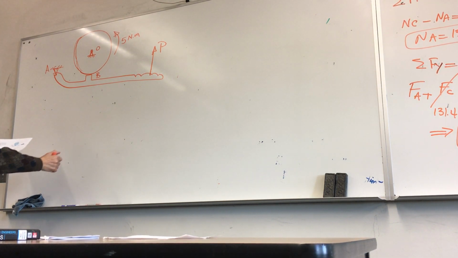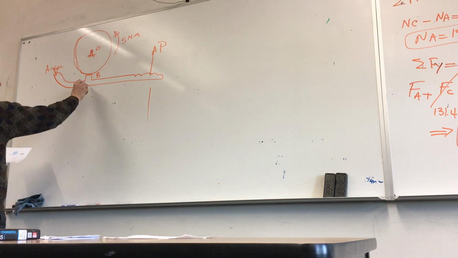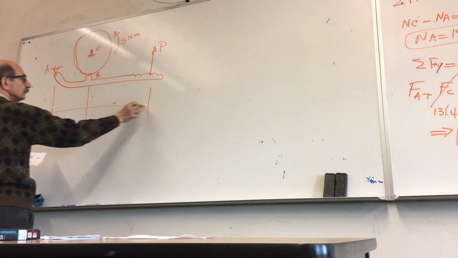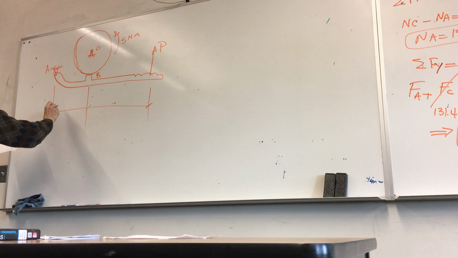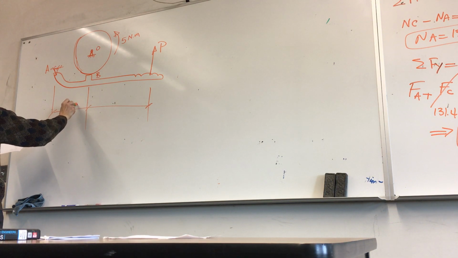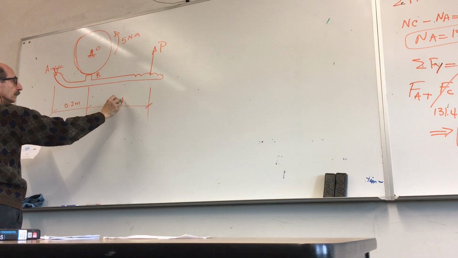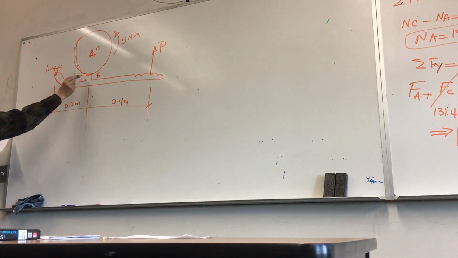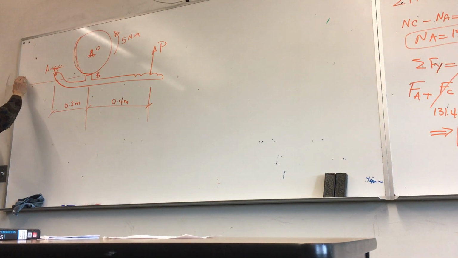Okay. Let's first give you all the distances you need. This is 0.2 meters, this is 0.4 meters, and the distance from this surface of contact of that brake to this pin is 50 millimeters, okay?